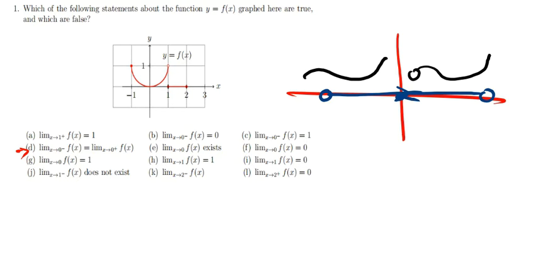It doesn't matter the road this person uses or that person uses. As long as they reach the same destination, then that limit exists. That's the basic idea behind limits. For a limit to exist, the limit as x approaches that number from the left side and from the right side has to be the same. Then definitely that limit exists.